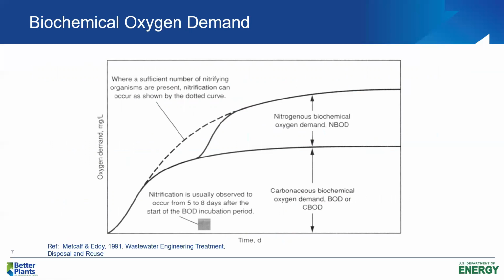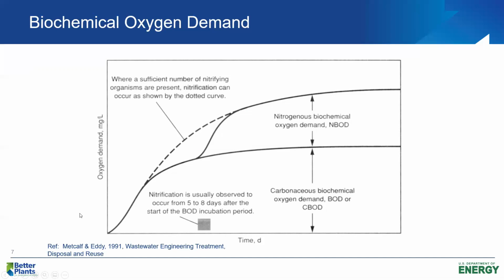So if you look at the bottom curve, this one, if we take raw sewage and run a BOD on it over time, and we add an inhibitor to inhibit the nitrification reaction, then we would expect to get a curve that looks something like this. That is the carbonaceous BOD removal curve. And we would get that because, again, we've added an inhibitor to inhibit any nitrification taking place.